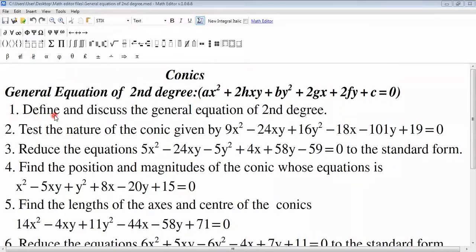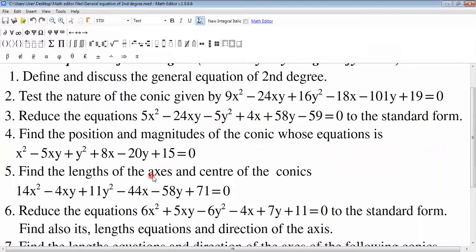We defined the general equation of second degree and discussed different conditions, how it represents ellipse, parabola, circle, hyperbola or rectangular hyperbola. And we have tested the nature of conic. Then we reduced the equation to the standard form.